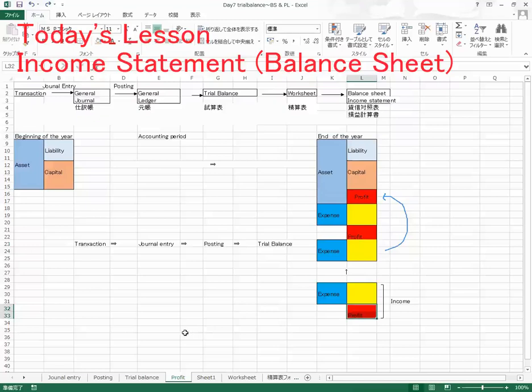So at the beginning of the year, there are assets, liabilities, capital. And the accounting period is usually one year. There are transactions and you do the journal entry, posting, and trial balance. Then at the end of the year, you get the BS with the capital here, and also you get profit from the income statement or PL. So today's class is finished.